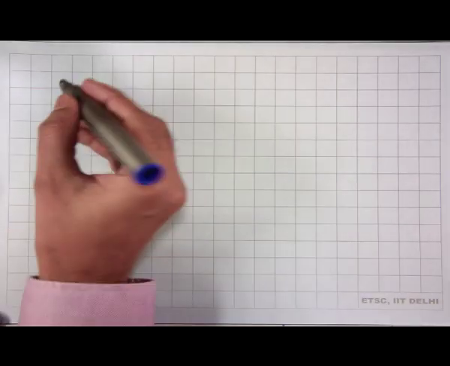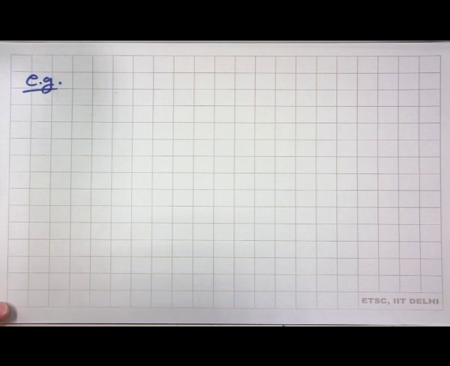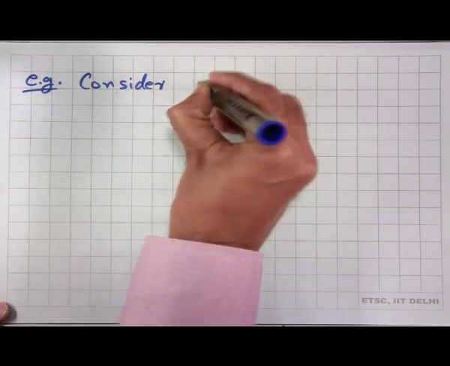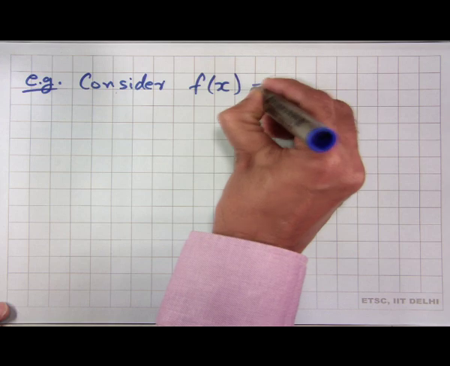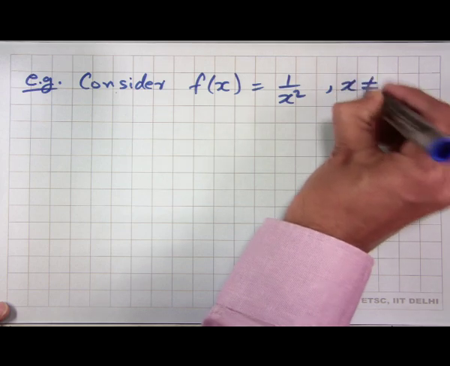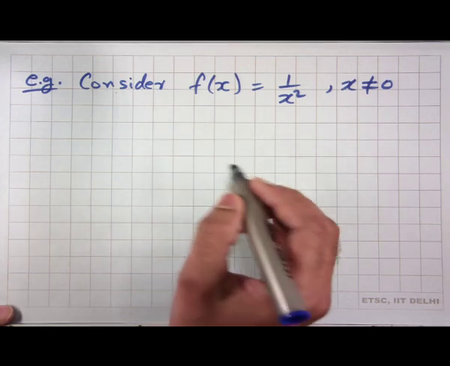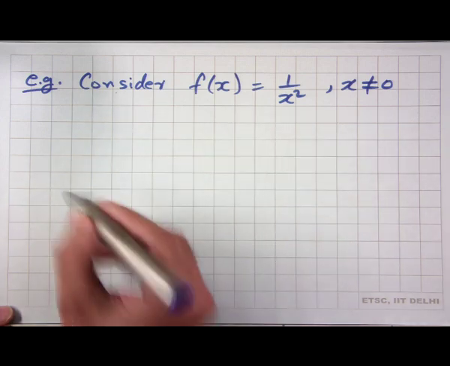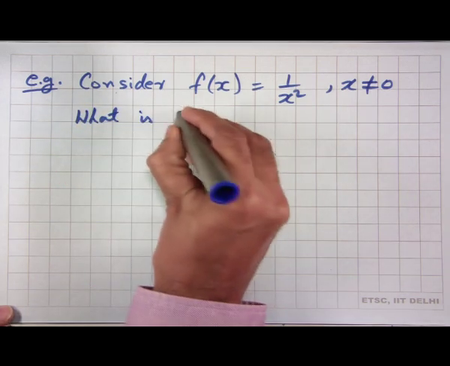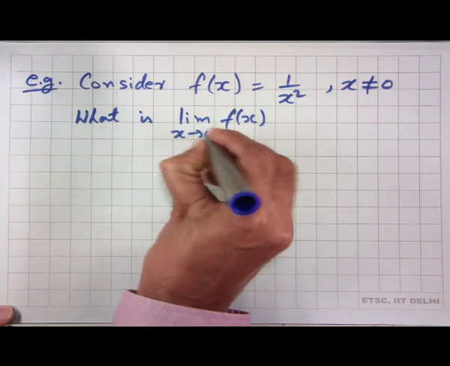For example, consider f of x is equal to 1 by x square, and this function is not defined at x equal to 0, but it is defined for all x non-zero. Now, let us ask what is the limit of f of x as x approaches 0.